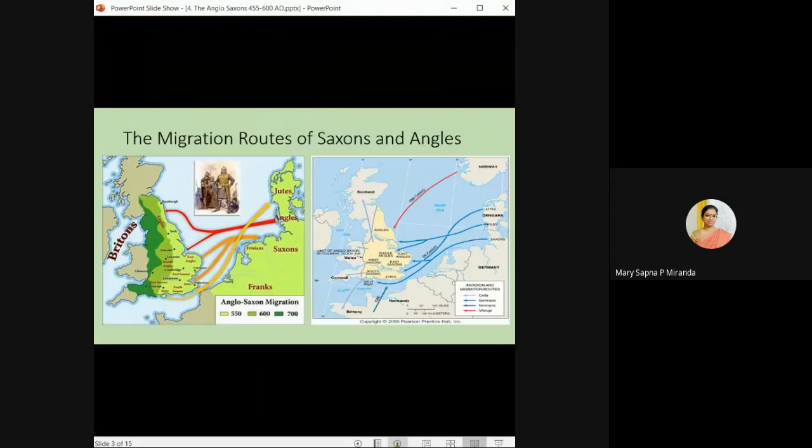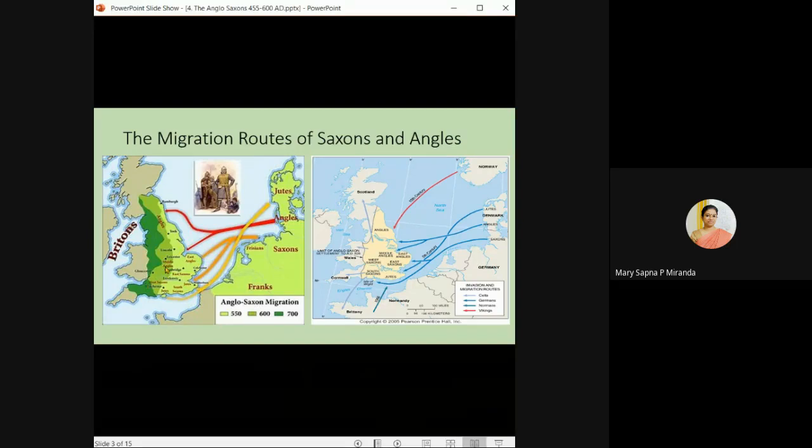Now again you have another map. It's more or less the same, which shows us the migration routes of the Saxons and the Angles. Again, the Jutes came from this side and settled somewhere here. That's Kent, the southernmost part of Britain. Whereas the Saxons came from this area, around Germany. From Germany, they moved on to the southern regions of Britain.